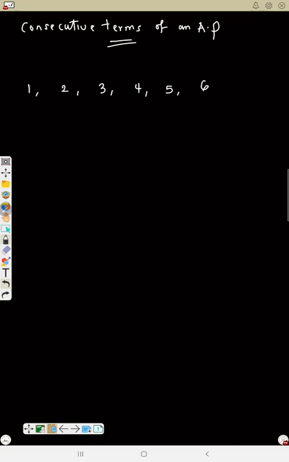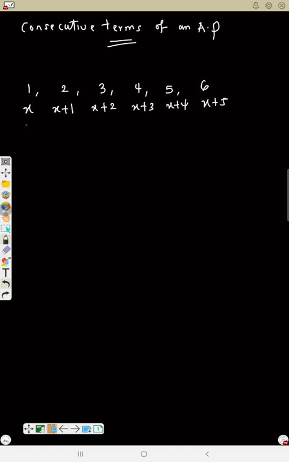Now in representing consecutive terms, this will be x first term, x plus 1 second term, x plus 2, x plus 3, x plus 4, x plus 5, depends on what you want.